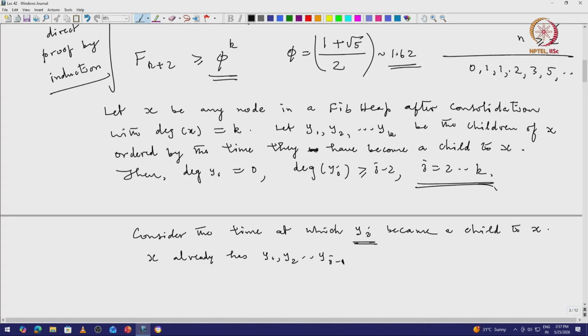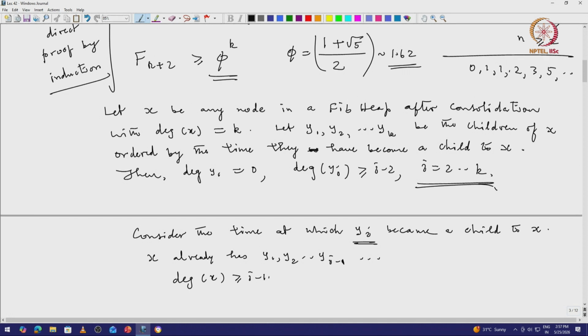Probably it may have something more, and therefore the degree of x is greater than or equal to i minus 1. It may have something more which it might have lost later on.